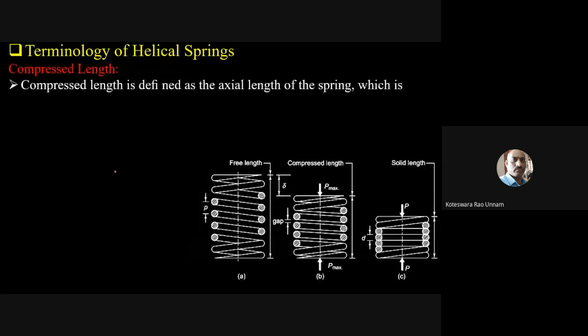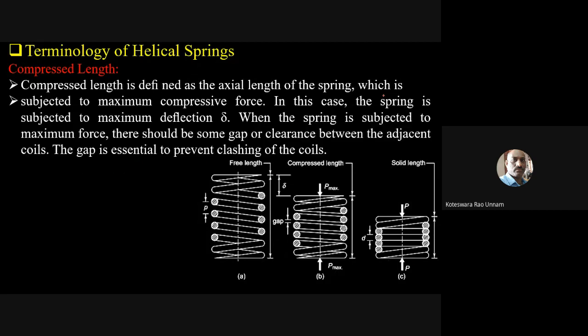Then compression length. Compression length is defined as the axial length of the spring which is subjected to maximum compressive force. That's why I showed it here, P max. Here P should be greater than this P max for the spring to compress to its solid length, so don't confuse these terms.